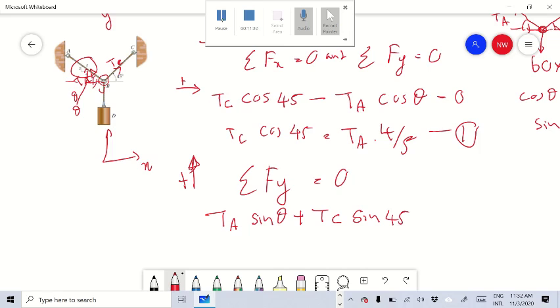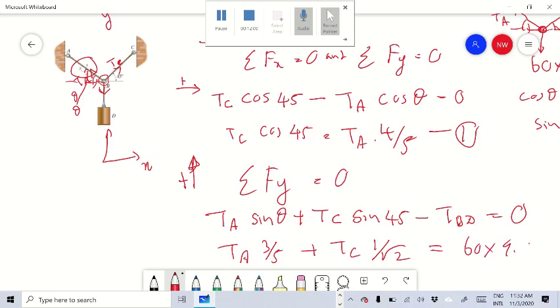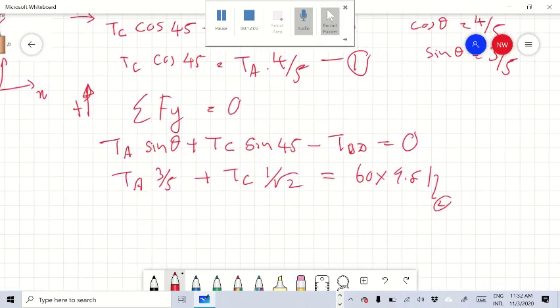How about this force? This is in negative y direction, so it is minus TBD, which is equal to 0. We know TA sin theta is 3 over 5, plus TC sin 45, which is root 2 over 2, is equal to TBD. We know the value of TBD is 60 times 9.81. So this is our second equation, right?